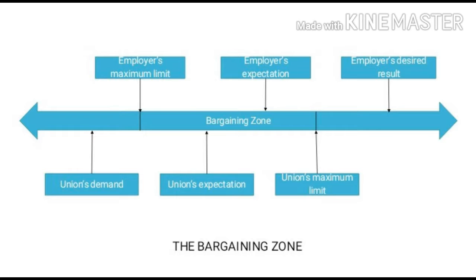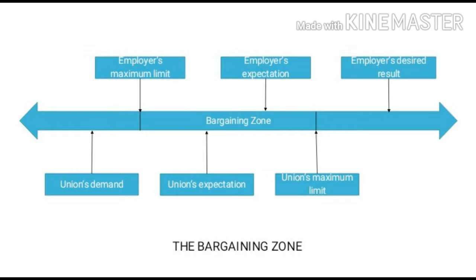During preparations for negotiation, both sides are likely to attempt to define three critical points. For the organization, the bargaining zone and its three intermediate points include the employer's maximum limit, second would be the employer's expectation, and last would be the employer's desired result on items being negotiated.